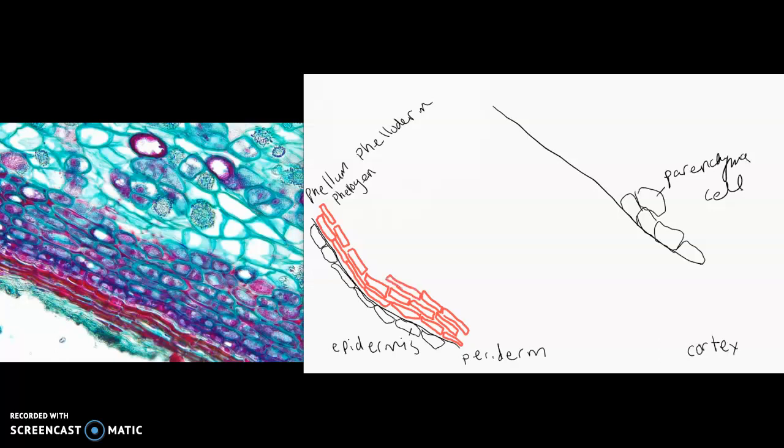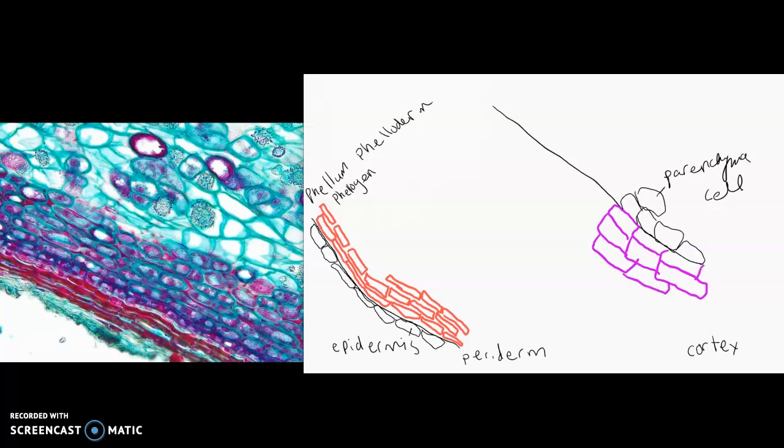The other area I want to talk about next is actually the phelloderm, and the phelloderm is much larger in size, not as filled with those waxy substances like suberin, and you can see in the image that they actually still have their nucleus.